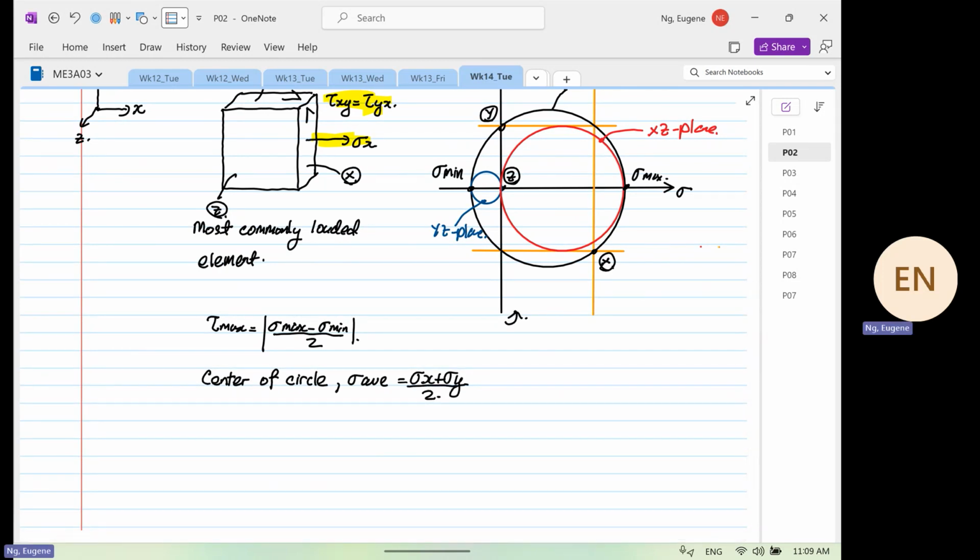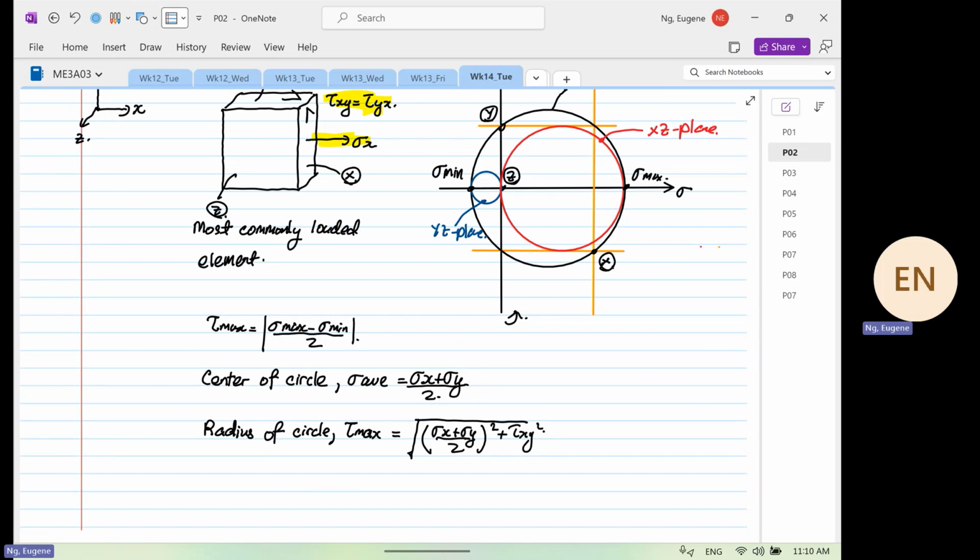And then the next thing that we want to calculate is the radius of the circle, which corresponds to our tau max. So this will be equal to the square root of (stress X plus stress Y over 2) squared plus shear XY squared, like what we had before.